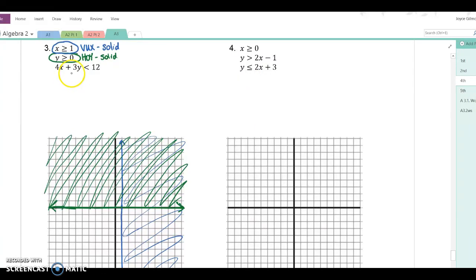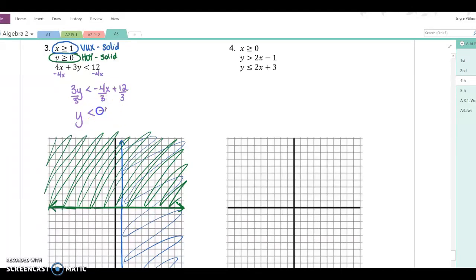This inequality is not currently set up for graphing. We need to subtract 4x on both sides. And then divide by 3. Do I need to switch my sign this time? No, we divided by positive 3.